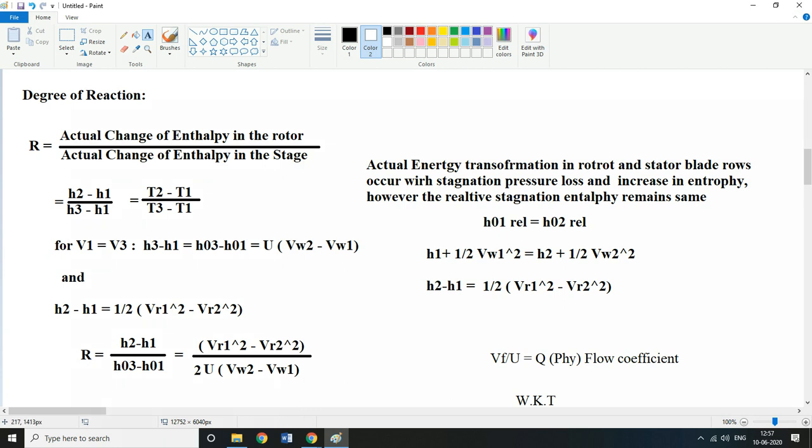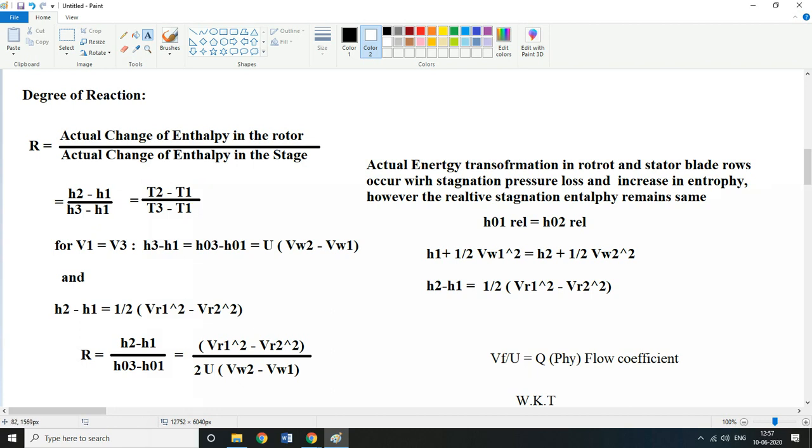That is the degree of reaction. The rotor is 1 to 2, and the overall enthalpy is 1, 2 and 3, so that is 1 to 3. So 1 to 2 divided by 1 to 3, therefore H2 minus H1 divided by H3 minus H1. In terms of temperature, we can write it as T2 minus T1 divided by T3 minus T1.